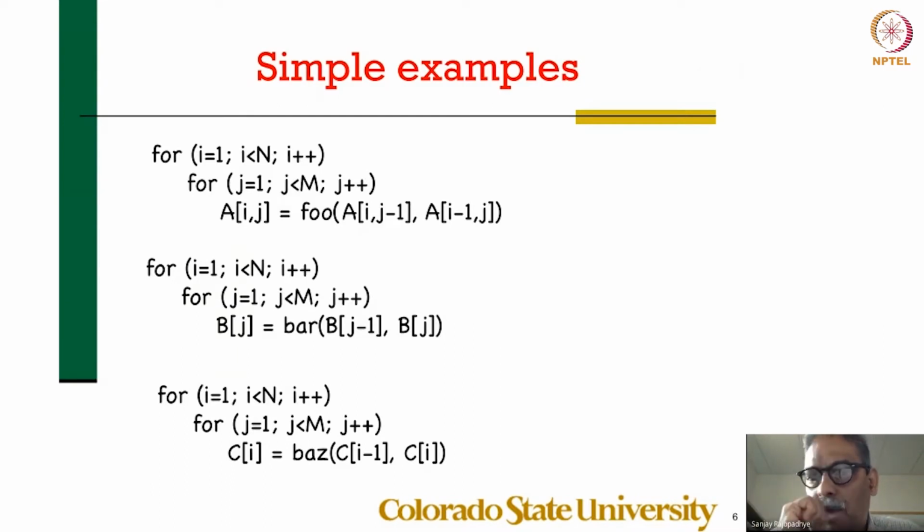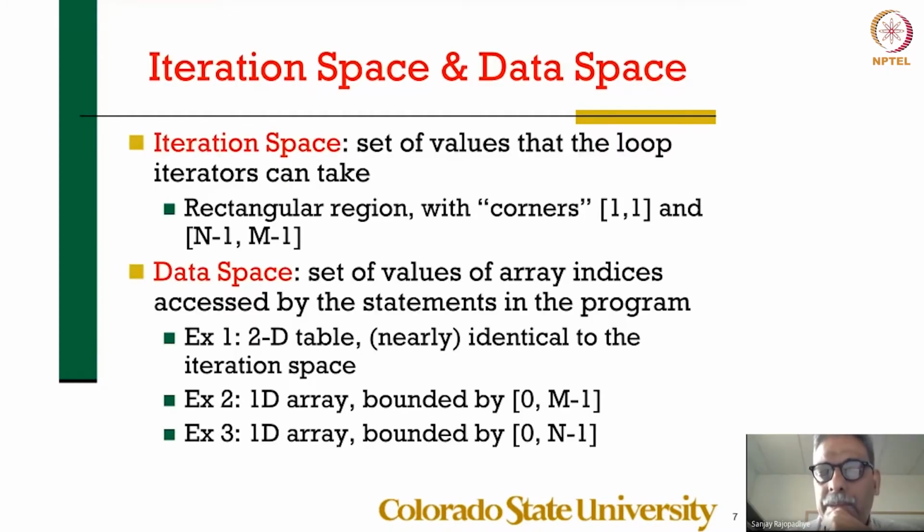So every reference is associated with a mapping from indices of the iteration space to indices of the data space. In our example, these mappings are particularly simple, but in general, they can be arbitrarily complicated as long as they are affine or linear.